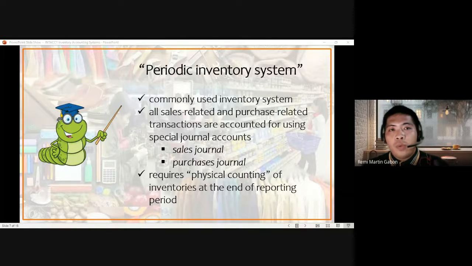And also, with periodic system, physical count is required. What does it mean with physical count? It is mandatory counting of the inventories that will verify or reconcile the records with the physical count. It is checking if the records are accurate.